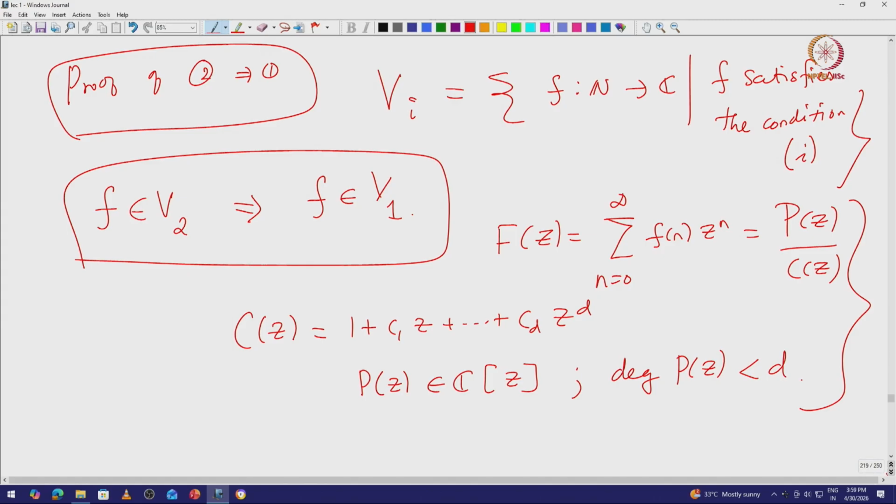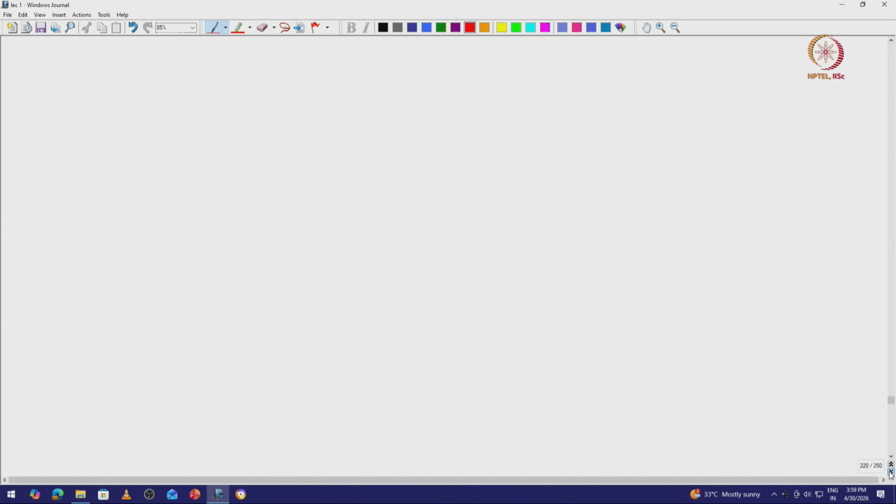Let us look closely at what this equation means. f of z is given by p of z divided by c of z. That would imply immediately that c of z times f of z is given by p of z.